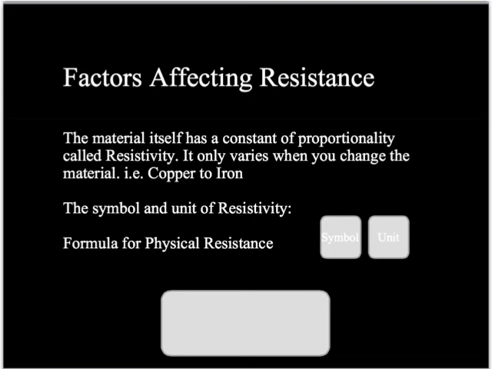So the material itself has a constant of proportionality, which is called the resistivity. The symbol is rho. For the unit, you can use the formula, which we'll look at in a second.